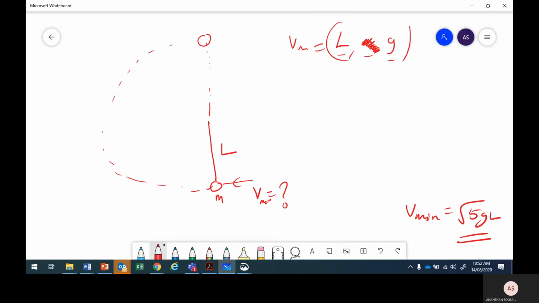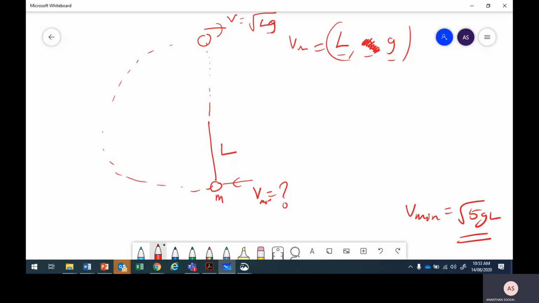Root of 5GL. At the top, what speed must it at least move so that it never falls down? The speed should be root of RG, right? But here R is L, so it should be root of LG. At the top, the speed should be at least root of LG.